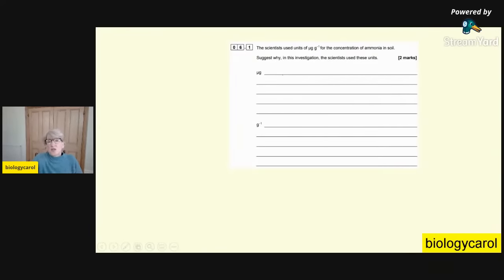But of course, the first question is about something completely different. Suggest why these units are used. Well, micrograms, because there's a tiny amount of ammonia in the soil. And per gram, because micrograms per gram literally means micrograms divided by grams, which is why you use the minus sign, because it means it's on the bottom of the fraction.